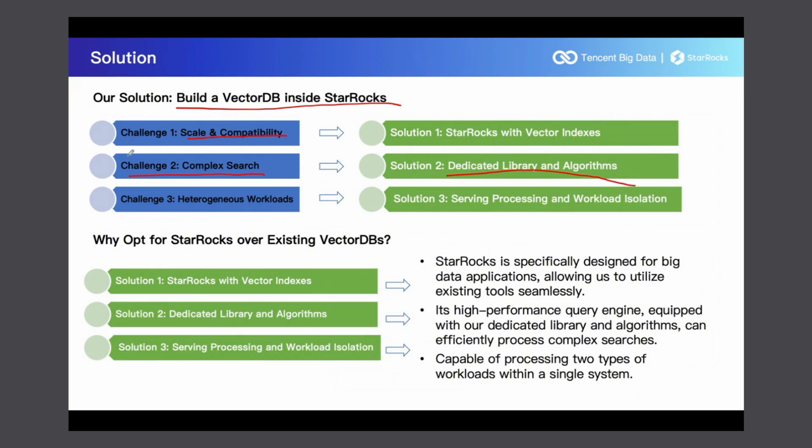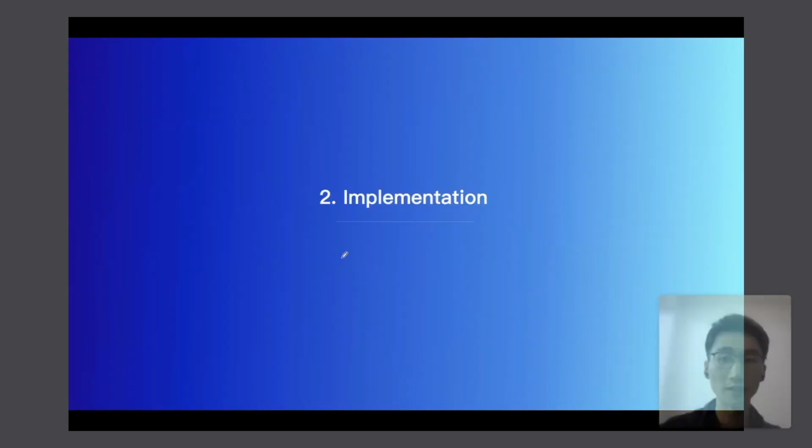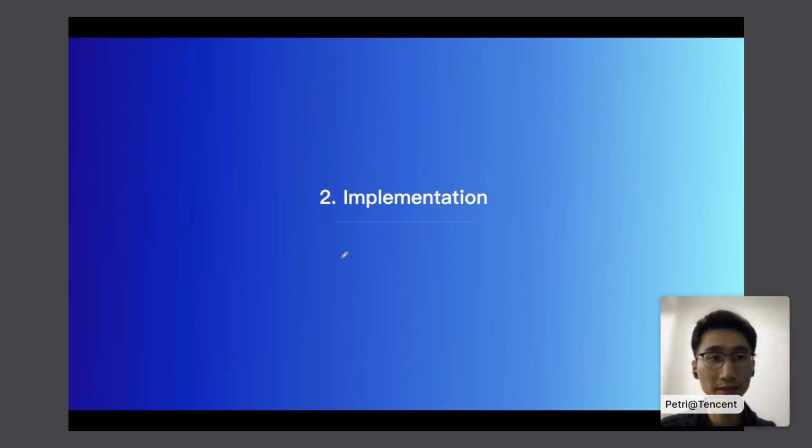Furthermore, with vector index support, StarRocks is capable of processing both analytical queries and vector searches. This is an overview of our solution. Next, I will introduce the implementation details.